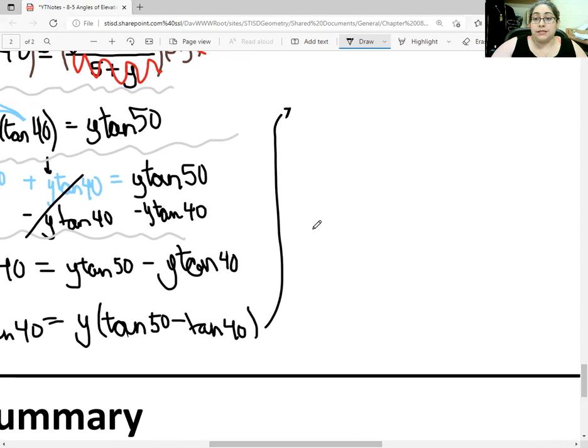So the left-hand side is going to be 5 times the tangent of 40 divided by all of the stuff here that's in the parentheses, which is tangent 50 minus tangent 40. And all of that equals y.